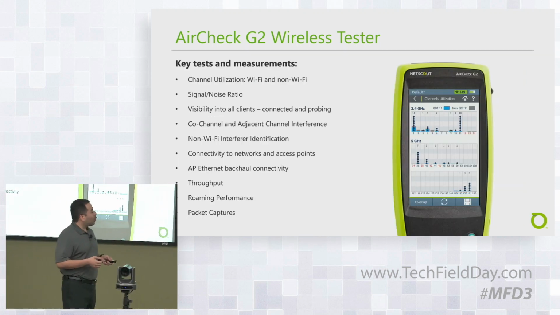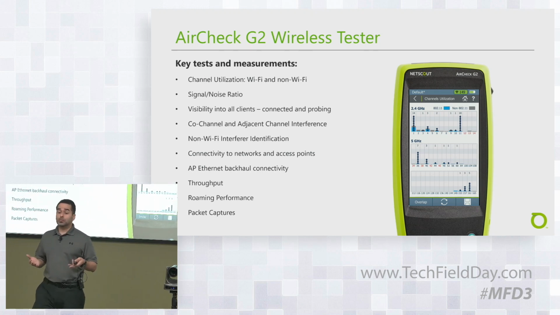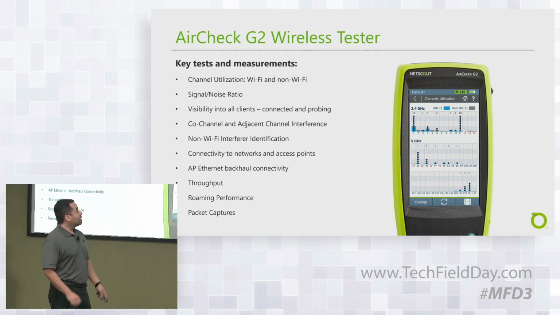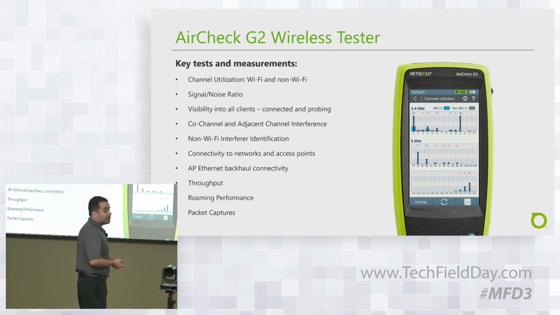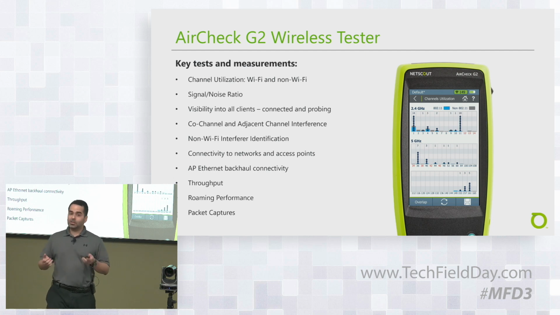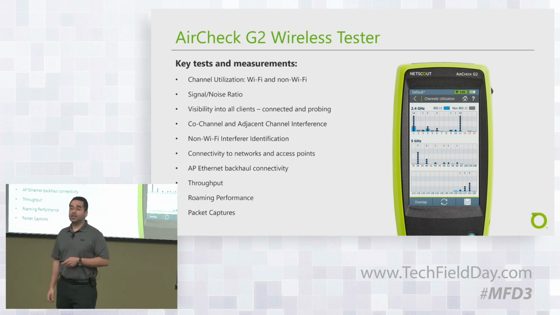As for what exactly you can do with it, or what type of measurements it provides, you have anything from both Wi-Fi and non-Wi-Fi utilization. So you can see what's really going on with the Wi-Fi network out there. You have the SNR, of course, so signal and noise, and thus the calculated SNR. You have visibility into all clients.